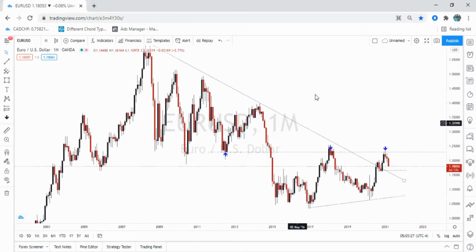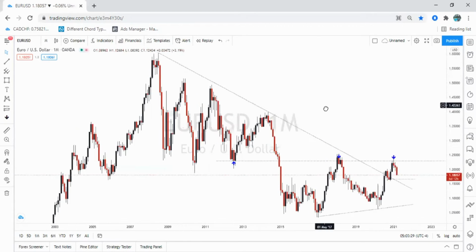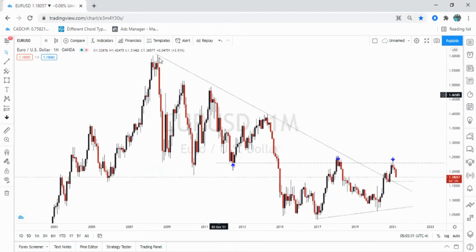We used this trend line as our guide, right? And now we broke through this diagonal resistance, and now we have to retest it as support so that you can confirm the new trend. Also, we have to break through this level right here so that you can confirm the new trend.